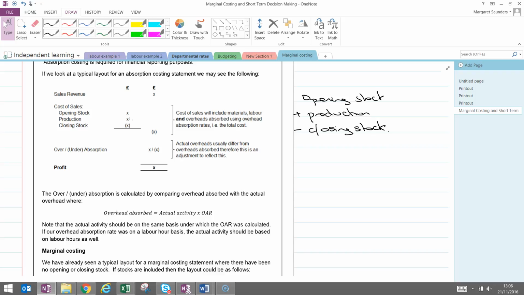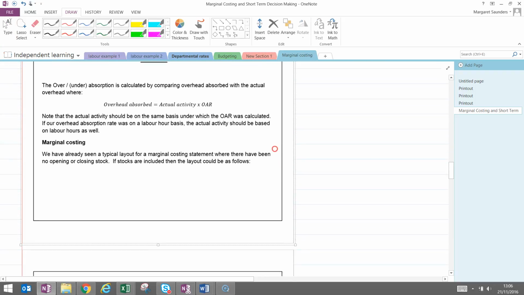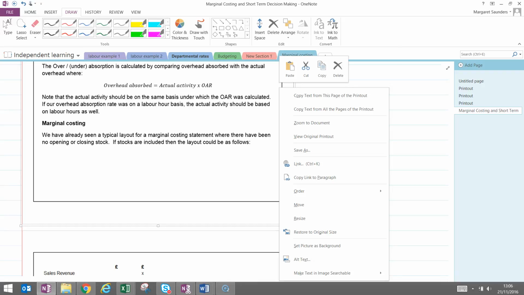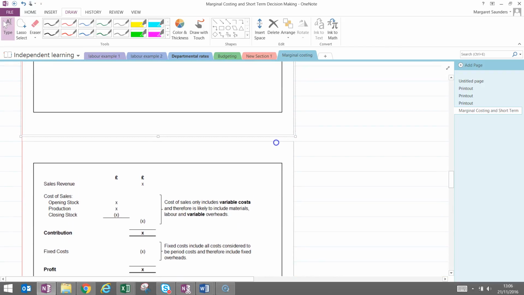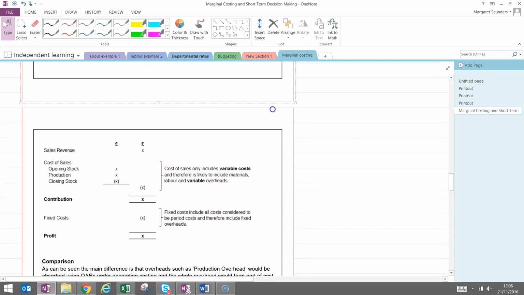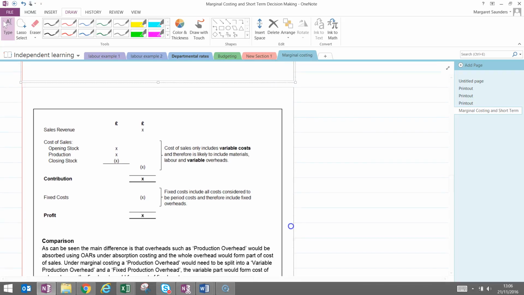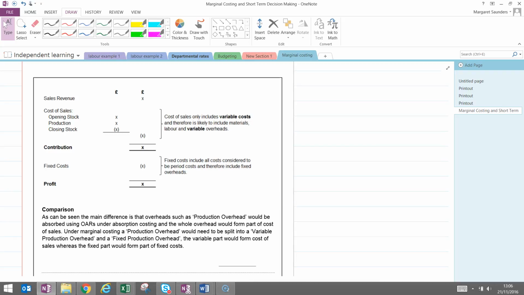In marginal costing, I've already gone through a basic layout with you, but that one didn't have any stocks in it. So if we now look at this layout for the marginal costing, where we have put some stocks in, again we have sales revenue, and in this particular example we haven't got it broken down into individual products.